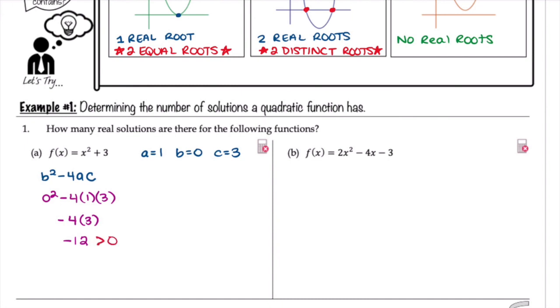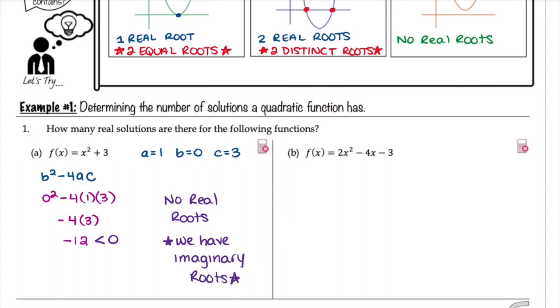Obviously not, which means we do not have two real roots. This discriminant is less than 0, which is telling me we have no real roots. This case would lead us to imaginary roots. Again, not a focus in our class.